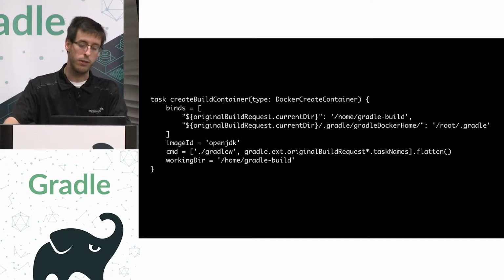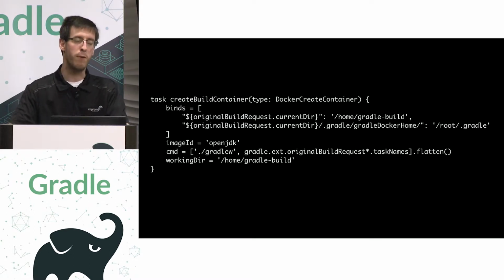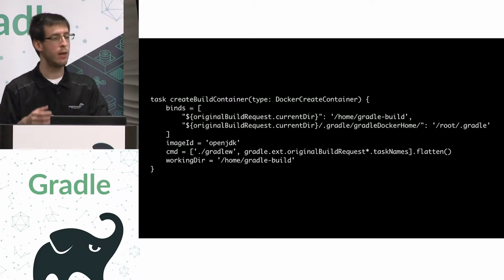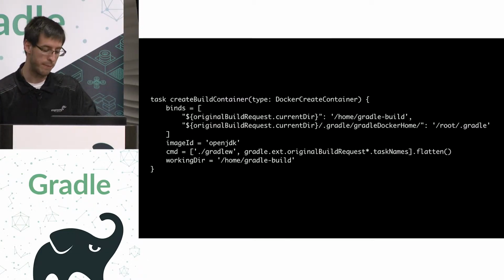Then the command. So the command we want to run once we're in that folder is GradleW, and then we want to provide all of the task names which we provided at the command line when we started this build from our host machine.